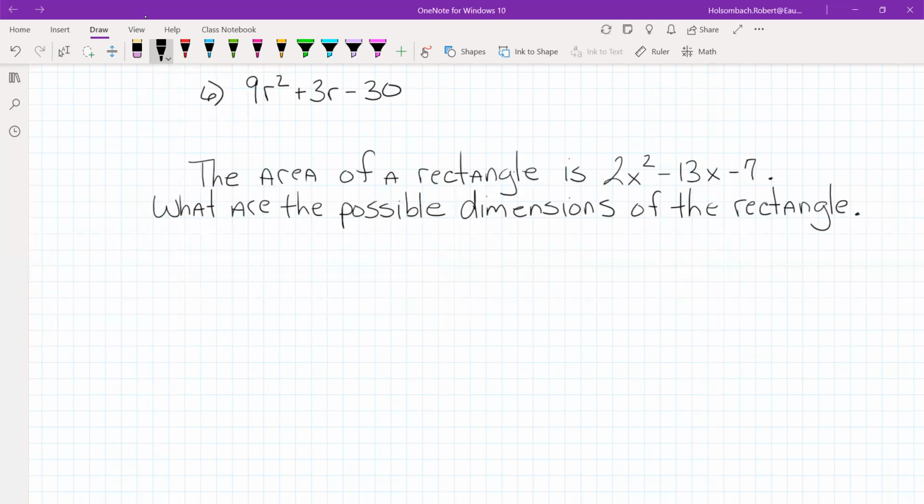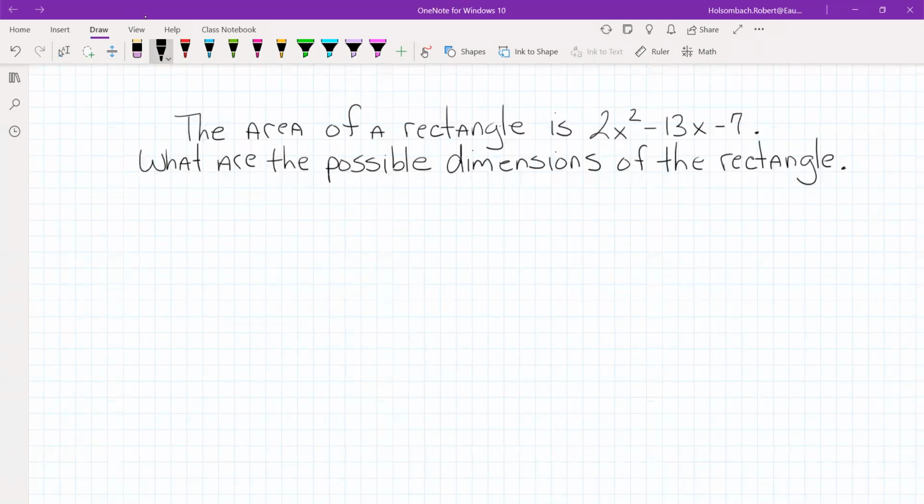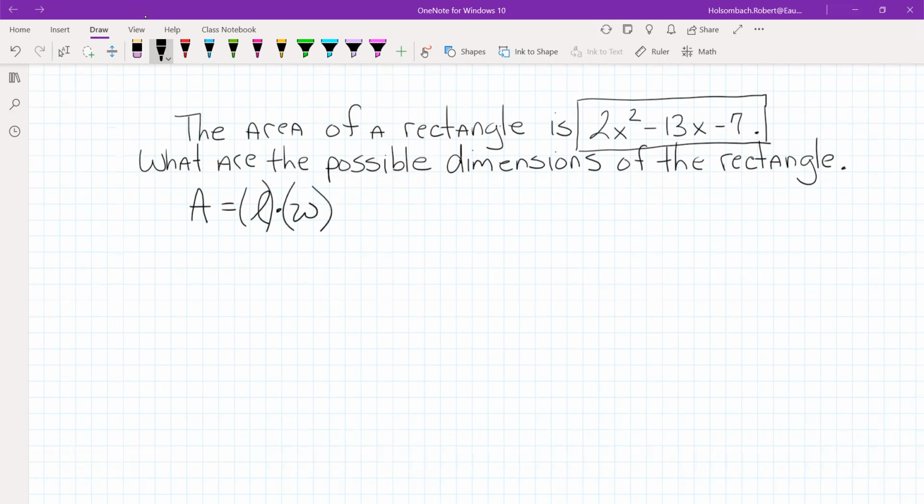Area of a rectangle, okay? The area of a rectangle is equal to the length times the width. Well, if we treat the area as this trinomial, and we treat the length and width as the factors of the trinomial, we can find the possible dimensions.